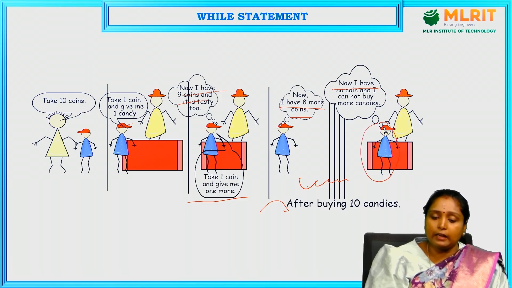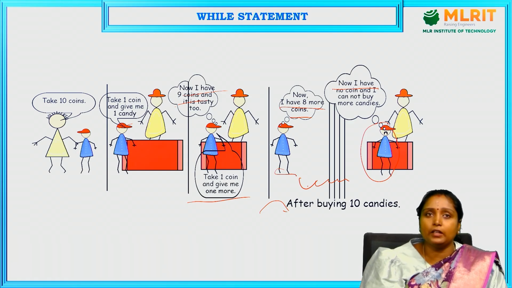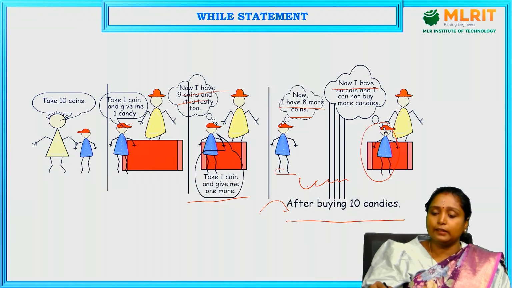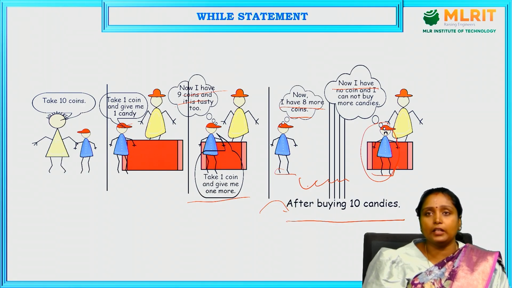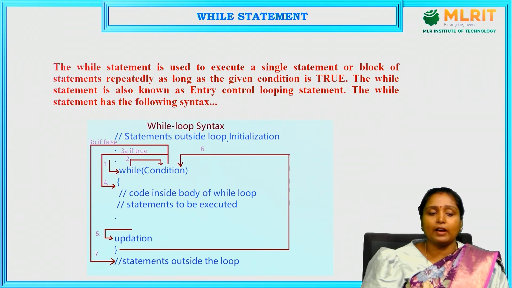So until the 10 coins are spent, one coin by one coin, after buying 10 candies, as he does not have any coins, he will come out of that particular shop. So this is the while statement.